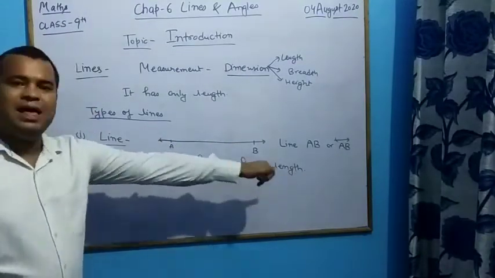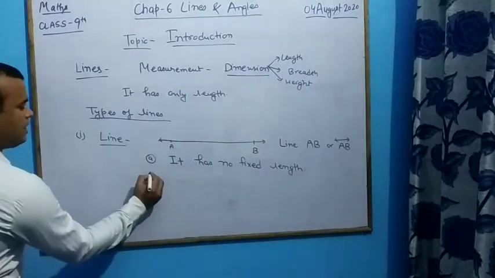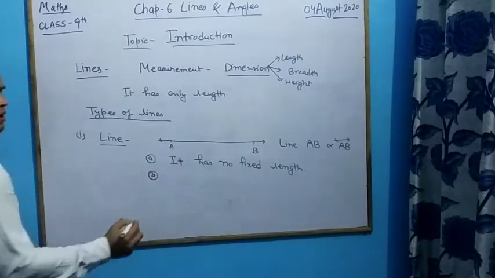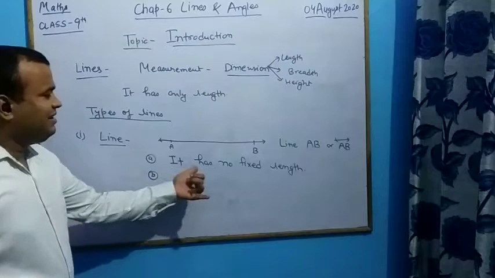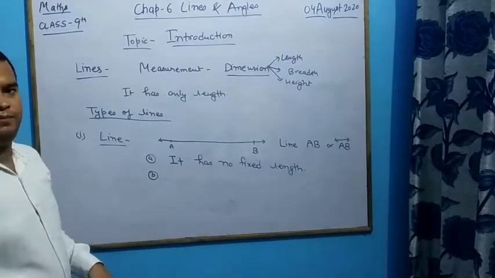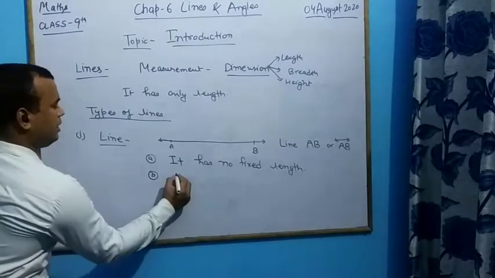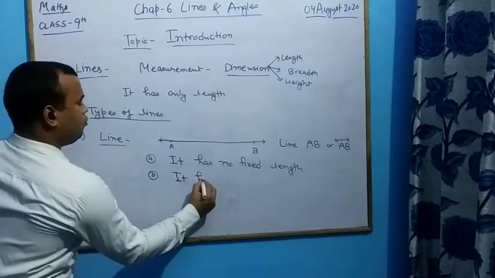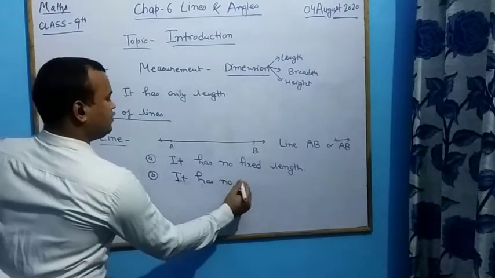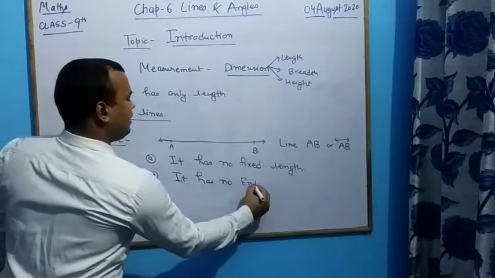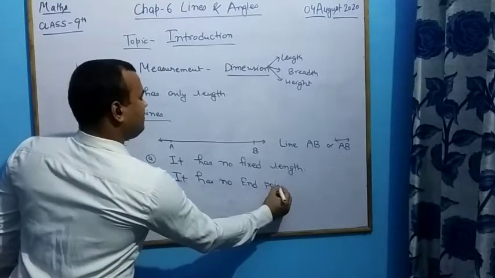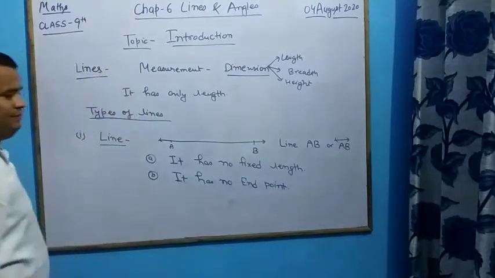So it does not have a fixed length. Now the second point: as it does not have a fixed length, it has no end point. This is the definition of a line.